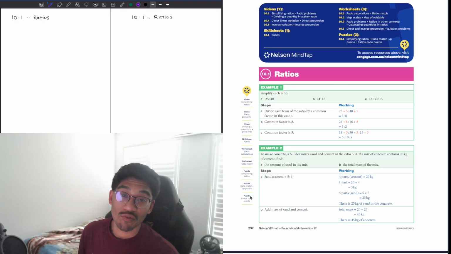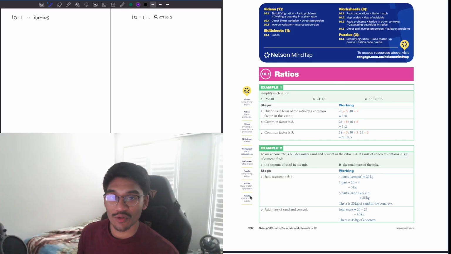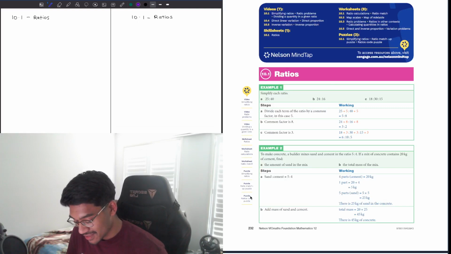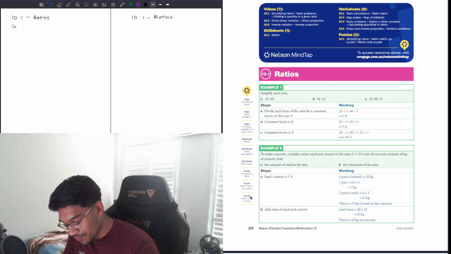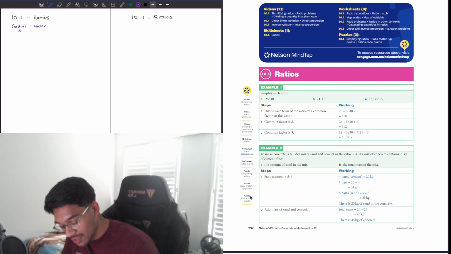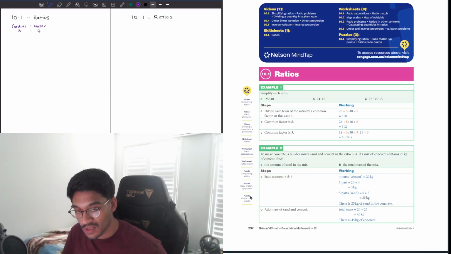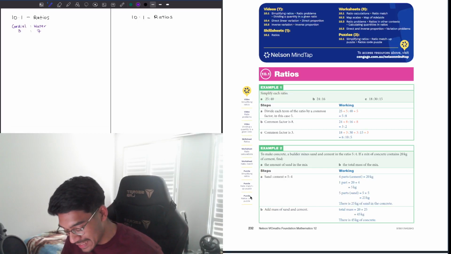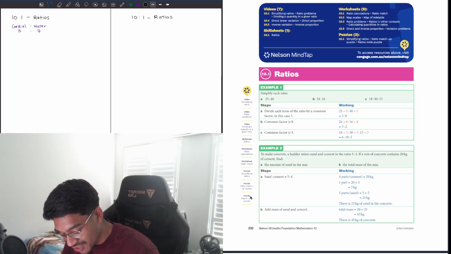However, people have different ratios for which they dilute their cordial. So let's say we have cordial to water. If I were to say we want 3 parts of cordial for every 7 parts of water, this is what it actually depicts. Let's say we have a jug like this. Not a very good jug, but it's going to have to do.